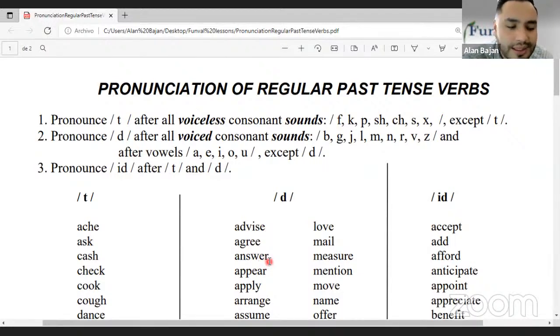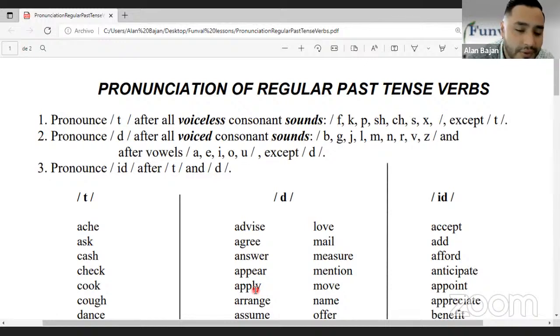Answer. What's that sound, class? Which letter? R, right? So it's not answered, it's answered. Appear. Again, the sound of the R. Appeared. Apply.